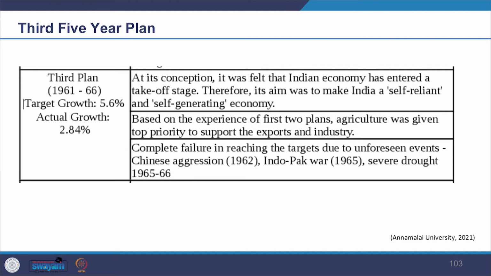The nation achieved a growth rate of 2.8%. The plan failed in attaining the target due to the unprecedented events of Chinese aggression in 1962, Indo-Pak war in 1965, and drought in 1965 and 66. Because of this, the focus was shifted from development to defense and development.